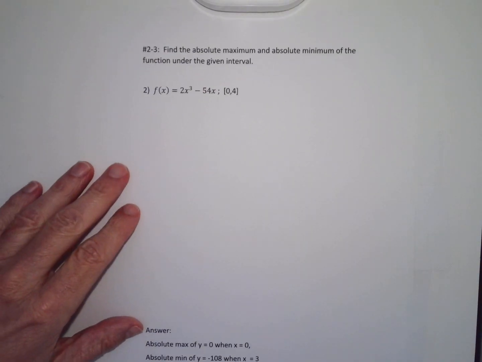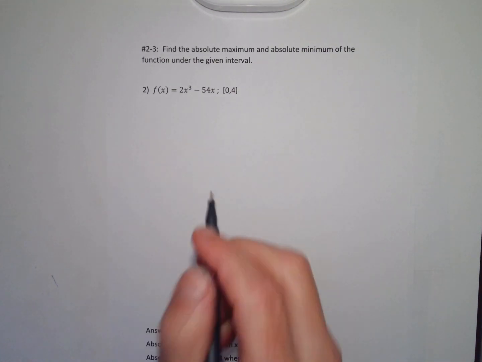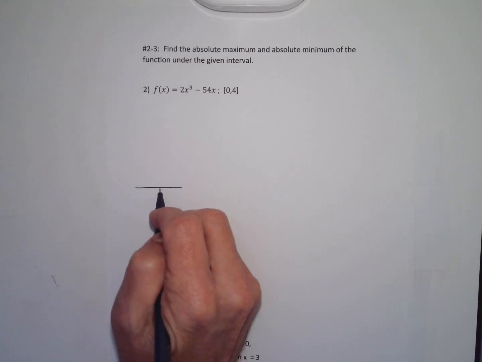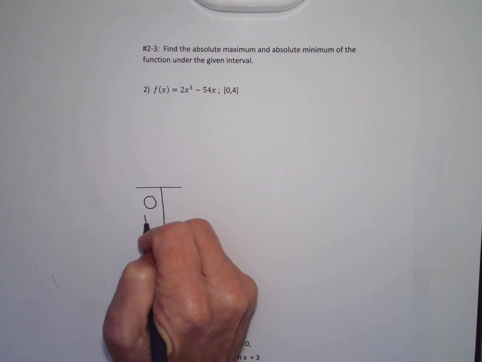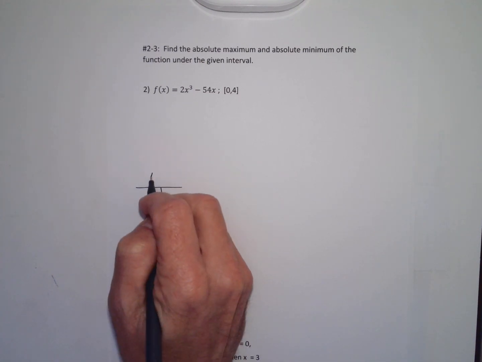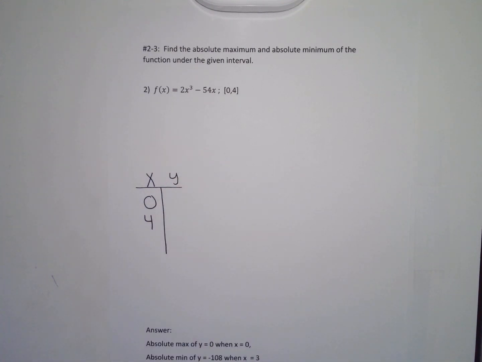2 and 3 are finding absolute maximums and absolute minimums of functions without the benefit of a graph. So for these problems, I'm going to find the first derivative, set it equal to 0, and search for critical numbers.